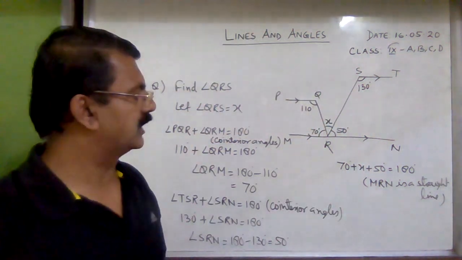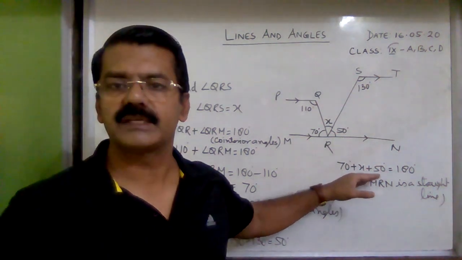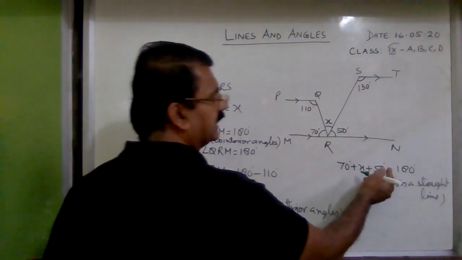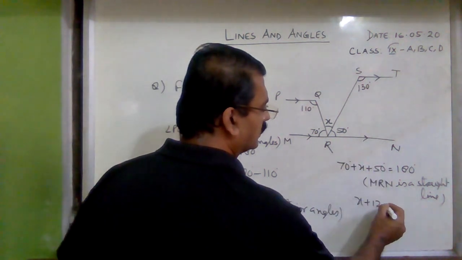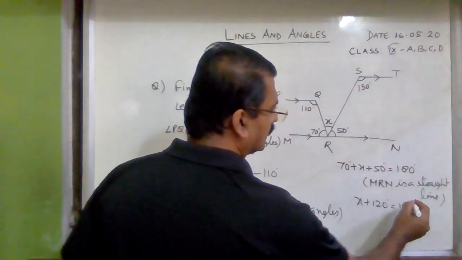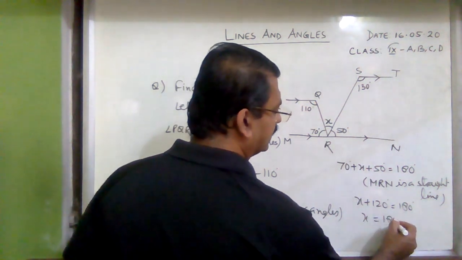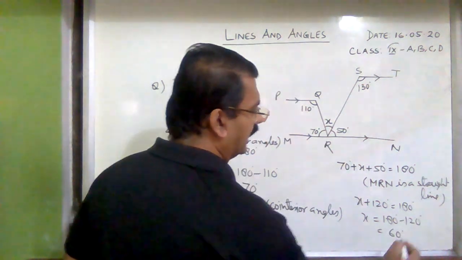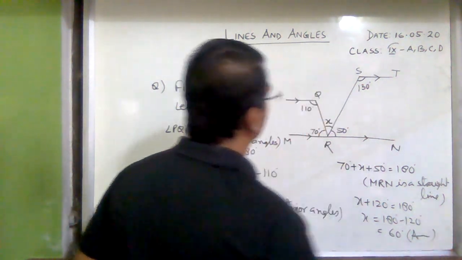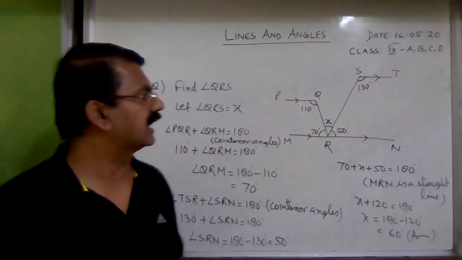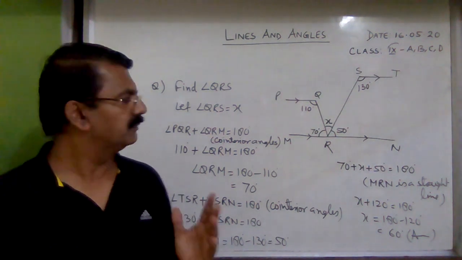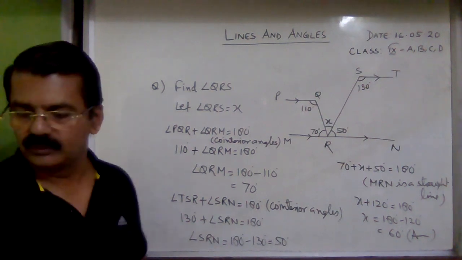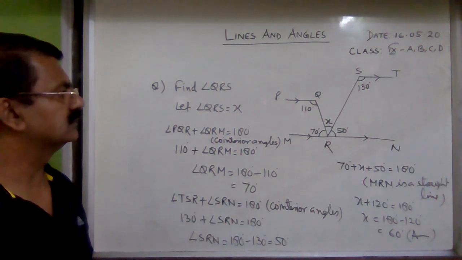Now 70 plus 50 is 120, X plus 120 is equal to 180. So X will be equal to 180 minus 120, that is 60 degrees. So that is your answer. We have found that the value of X is 60 degrees, meaning angle QRS is equal to 60 degrees. Clear?